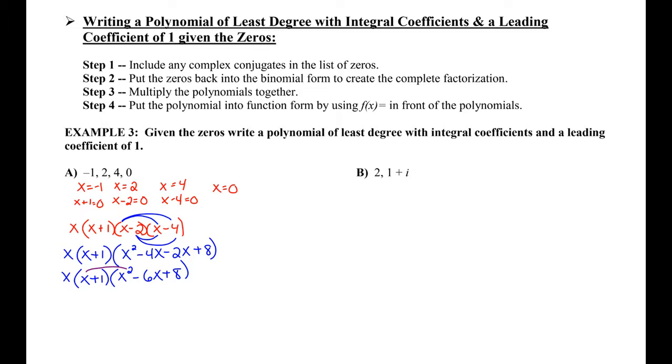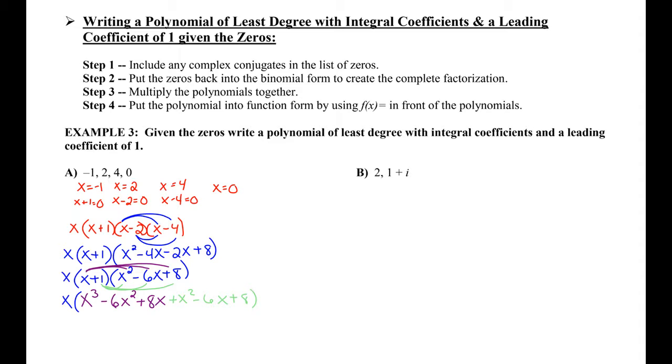So first distributing x to everything, which will leave me with x cubed minus 6x squared plus 8x. Then I'm going to distribute 1 to everything, which will give me plus x squared minus 6x plus 8.